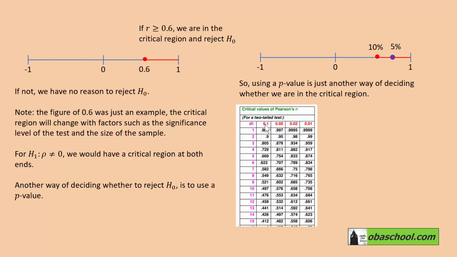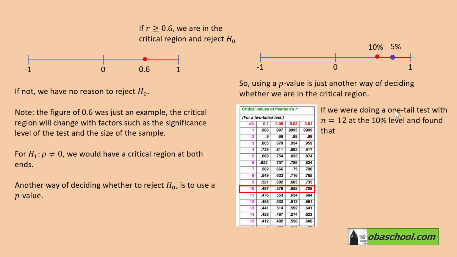So if you're doing a one-tailed test, you just halve the value here. Let's just consider this. This would actually correspond to having 12 in our sample, because the degrees of freedom for this test are the number in the sample take away 2. So you look at the line for 10 if you have a sample size of 12.